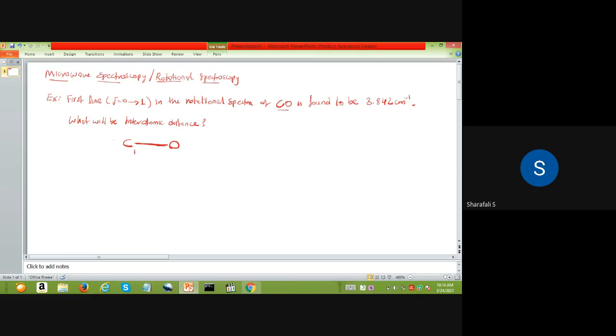So this length we have to find out. It's R0. What will be this distance, if the rotational spectra of carbon monoxide has the value 3.842 in the first transition? The first transition means the 0 to 1 transition.